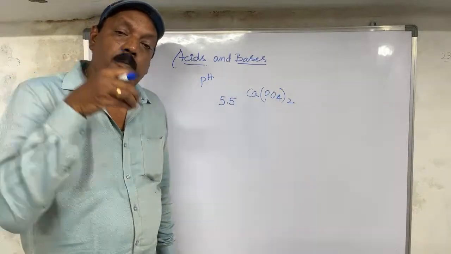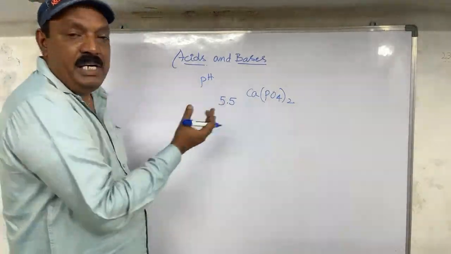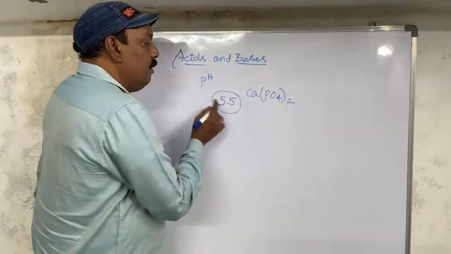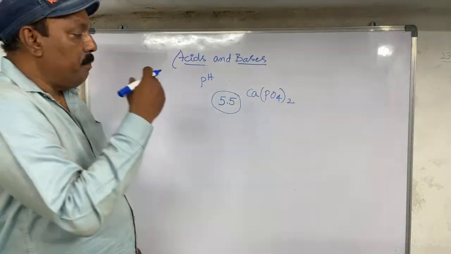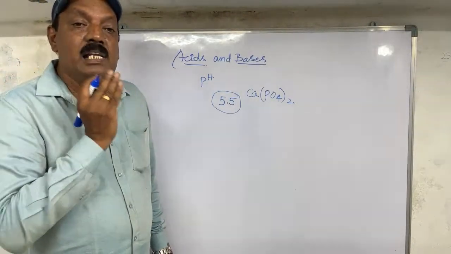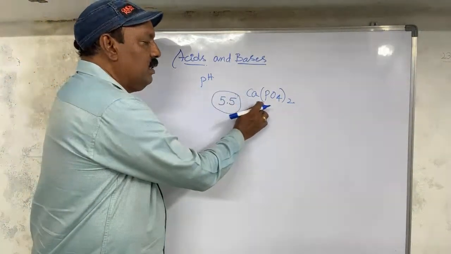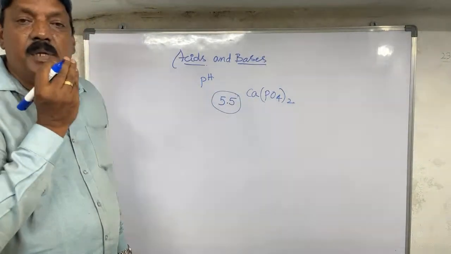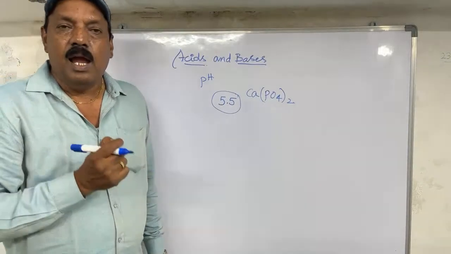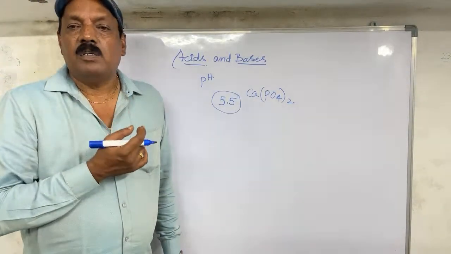That strong tooth is getting corroded by acid with a pH value of 5.5. Such an acid is very dangerous. It will spoil the coating of the calcium phosphate, the teeth will become brown, and the gums will spoil, and then we will get a lot of problems.